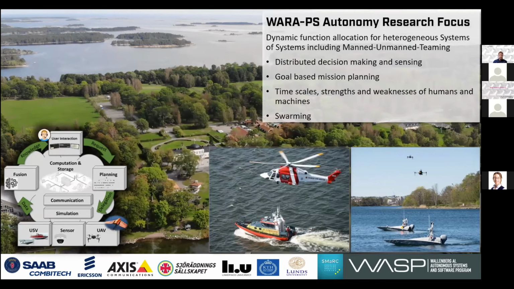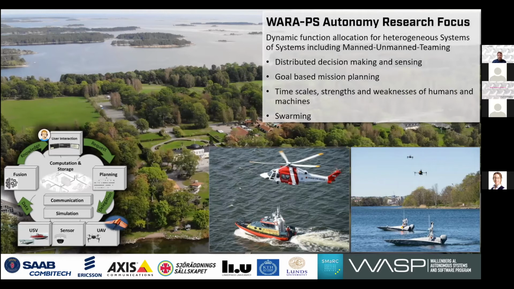Our research focus is sharp in the area of autonomy, where heterogeneous systems of systems also include manned and unmanned vehicles collaborating and allocating functions together. This is not a very usual arena in the world, so it's quite unique here.